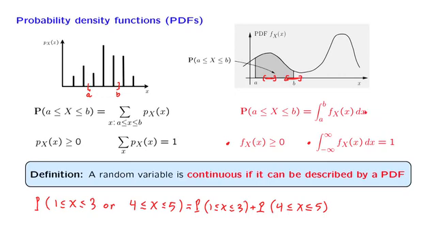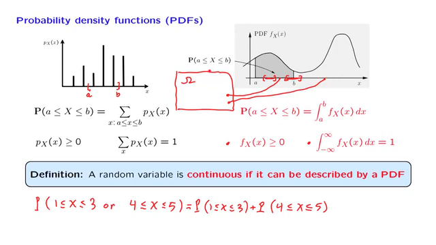At this point, you may be wondering what happened to the sample space in all this discussion. Well, there is still an underlying sample space lurking in the background, and different outcomes in the sample space result in different numerical values for the random variable of interest.